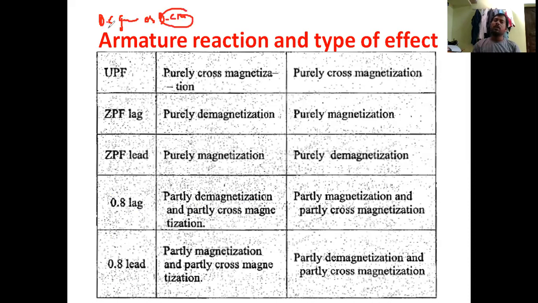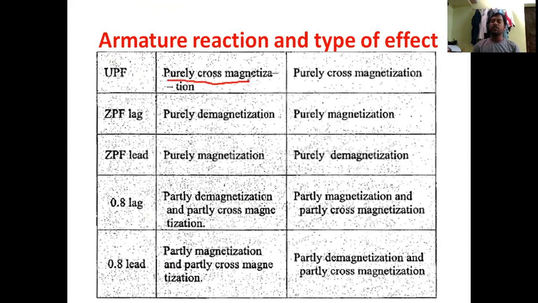You know very well that one will generate and give current, and the other will consume the current. Like that, synchronous generator and synchronous motor are opposite to each other. Except for purely UPF, everything is different.